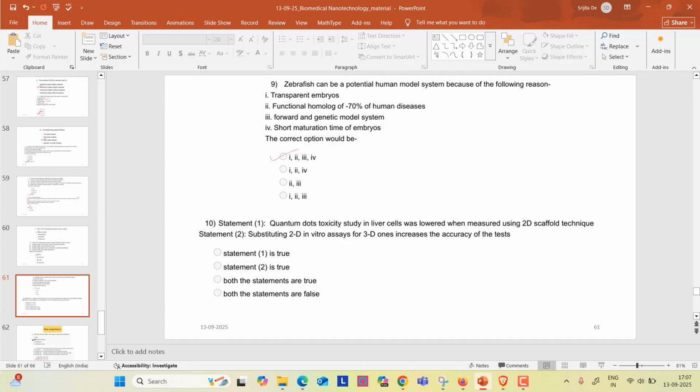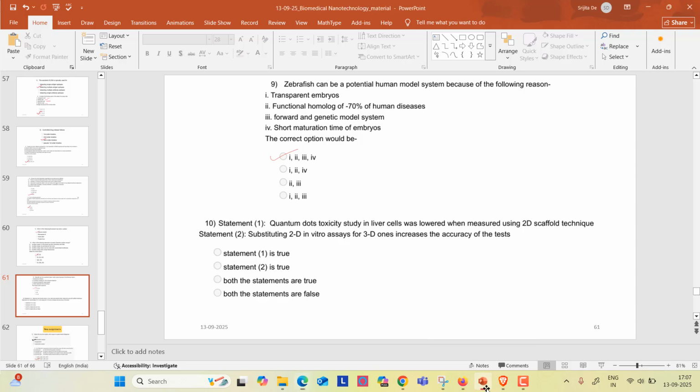And the last question is, statement 1: quantum dots toxicity study in liver cells was lowered when measured using 2D scaffold technique. And statement 2 is, substituting 2D in vitro assays for 3D ones increases the accuracy of the test.